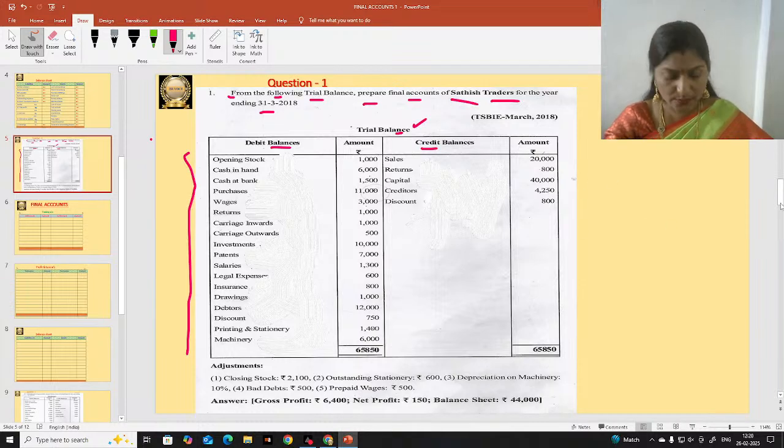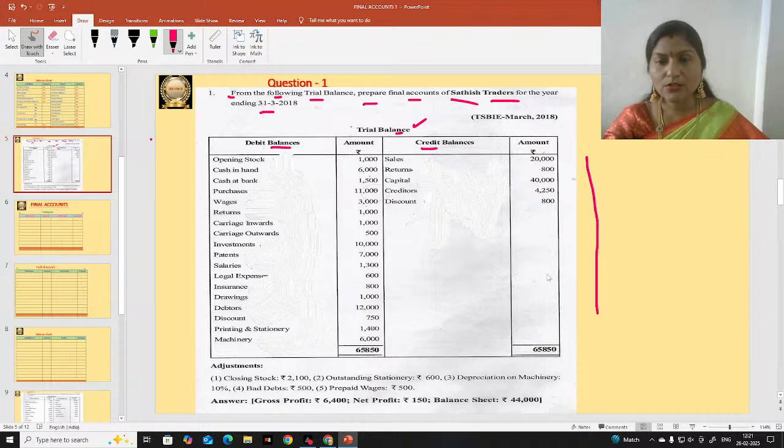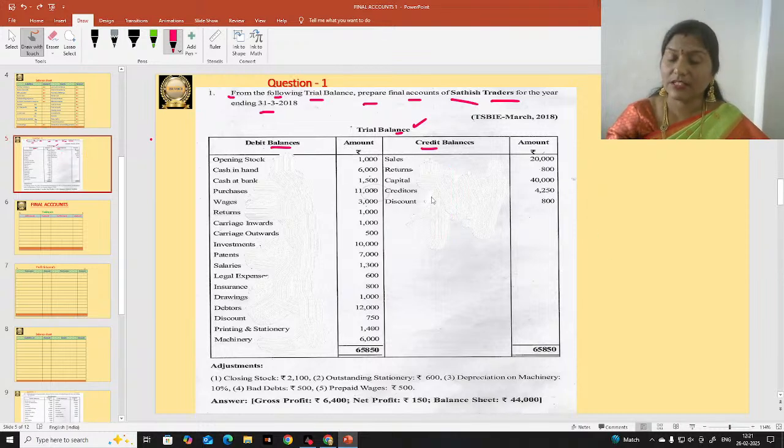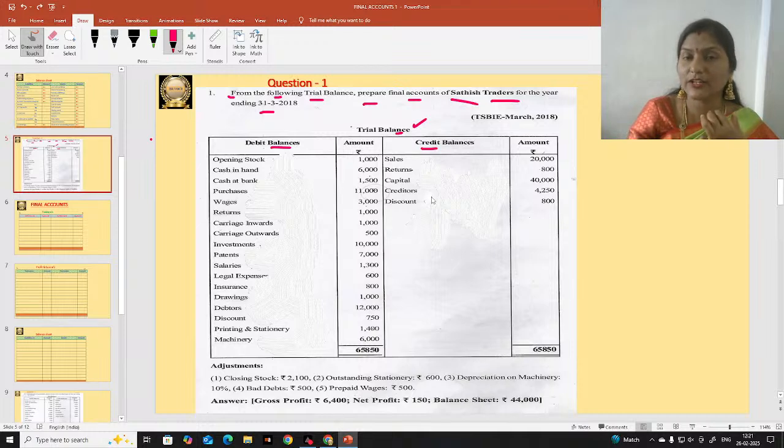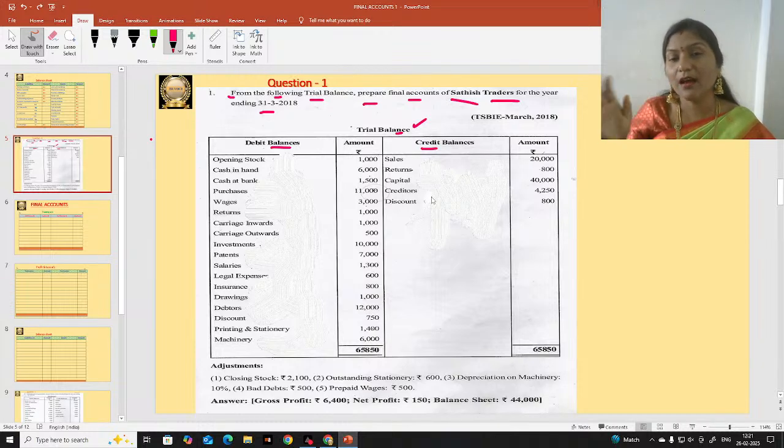And credit side items, we have some items on the credit side also. So these credit side items will appear either in the trading account credit side, profit and loss account credit side, or balance sheet liability side. It will appear on any of the three sides.